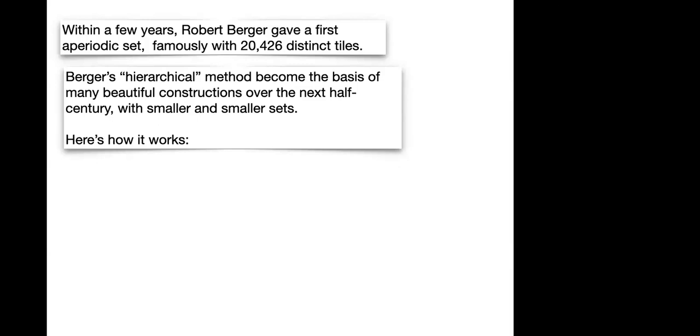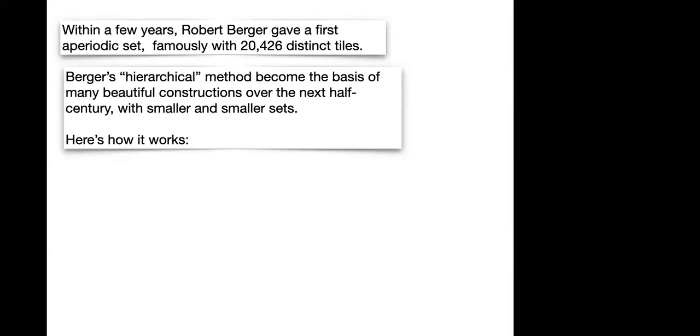But within the question of actually how aperiodic sets are made, Berger was one of Wang's students and famously constructed the set of 20,000 tiles, as well as proved that the domino problem was undecidable. And the way he did this became the basis of lots and lots of work for the next 60 years.